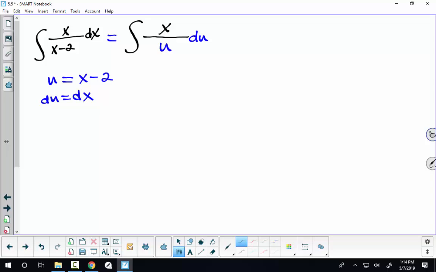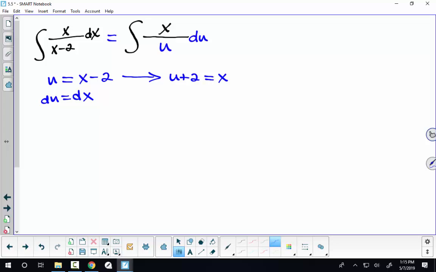It would be u plus 2 or something. Yeah. And so we're getting that from the original substitution. Our original substitution says if u is equal to x minus 2, then that implies that u plus 2 is equal to x.